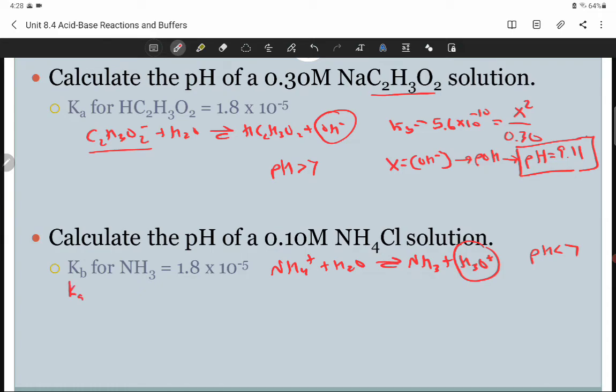And when I take 1 times 10 to the negative 14th and divide it by 1.8 times 10 to the negative 5th, I get 5.6 times 10 to the negative 10th. Okay, so 5.6 times 10 to the negative 10th equals x squared up top. Our initial molarity on the bottom, x equals hydronium, and then you can turn that into a pH, and that one was the 5.13 answer.